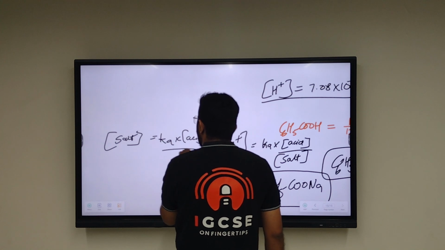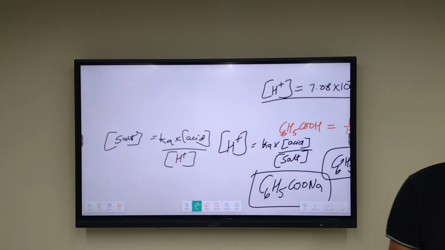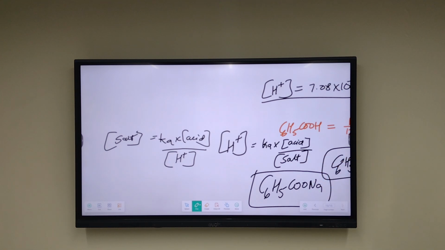I removed the log because it is easy. What is the acid concentration? It is 8.20 into 10 to the power minus 3. And the H plus concentration is 7.08 into 10 power minus 5.